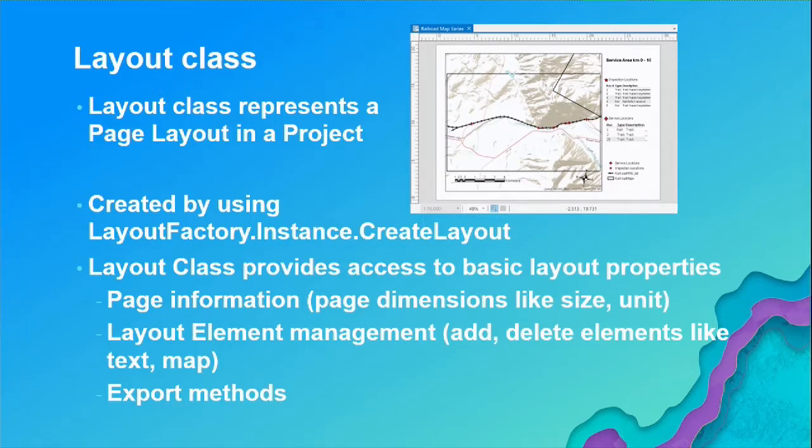The layout class also provides access to basic layout properties such as the page information, the page dimensions, size and unit. Also access to all layout elements through layout element management, so you can add and delete elements like text and maps. And then finally, the layout class provides the export methods that you can use to export your final layout.